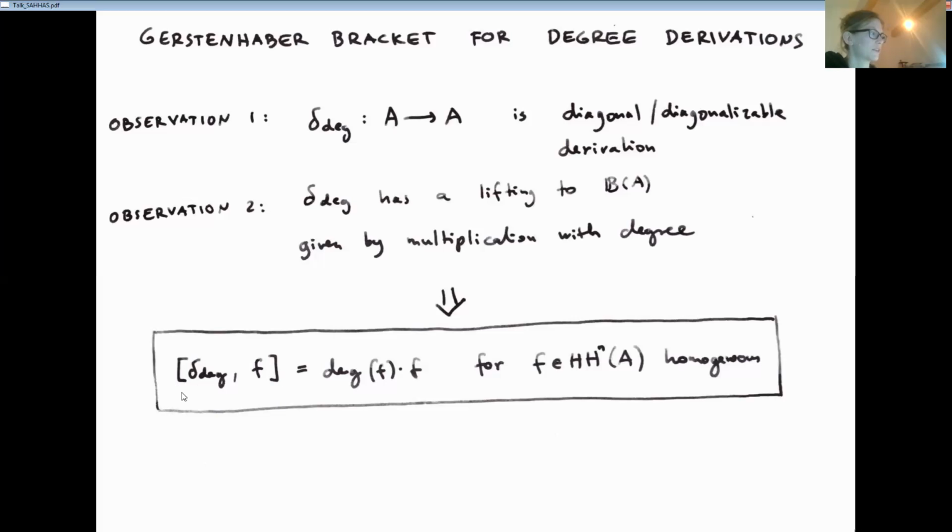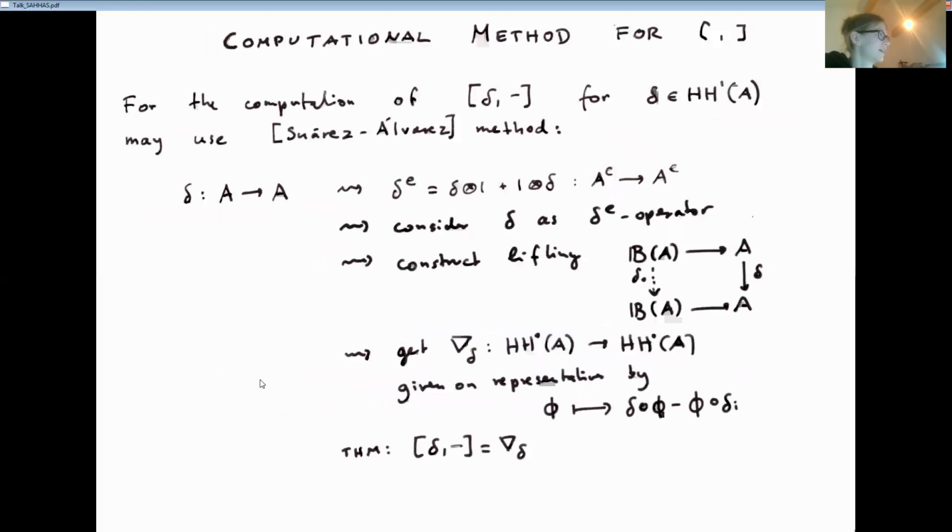But of course, this is something very special, and so let me advertise again that also in what we did in our collaboration, we made heavy use of Mariano's method for the computation of Gerstenhaber brackets, because what we have seen so far was just bar complex based.